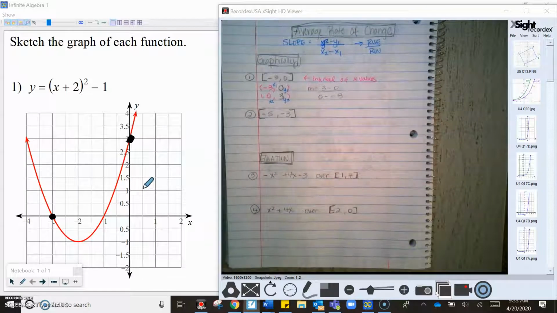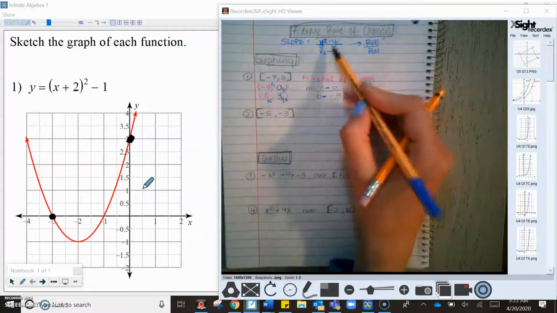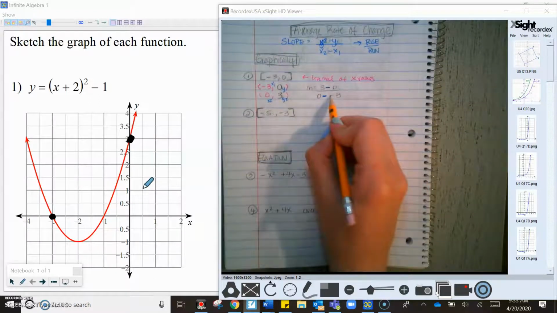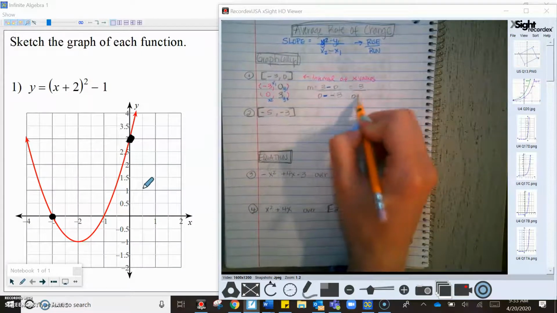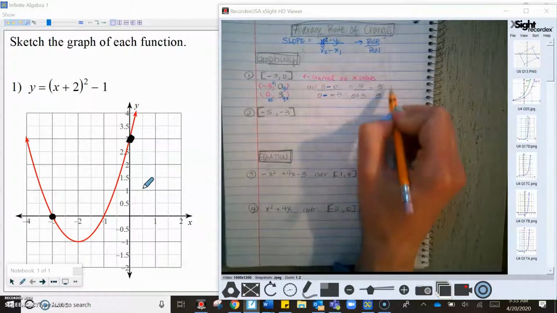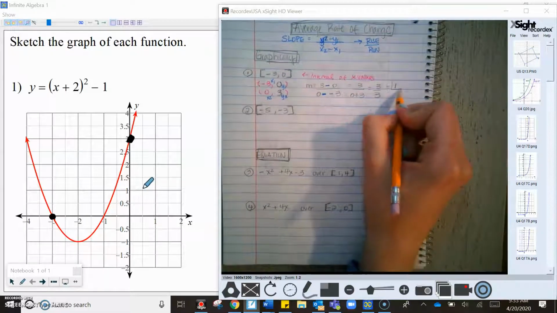Now, notice that these subtraction signs are already in your slope equation. This is often missed. We subtracted a negative, that's the same thing as adding. So this is really 3 over 3. My slope between these two values is 1. So my final answer would be 1 here.